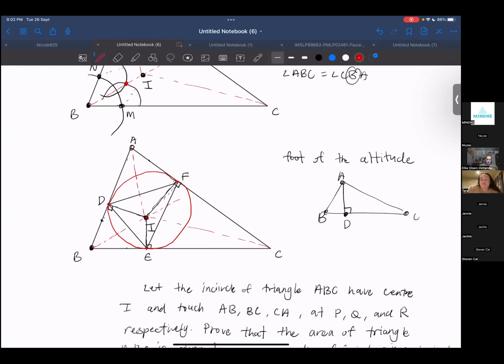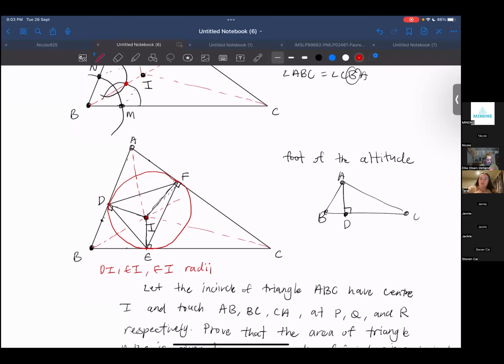If you draw a circle with center I and IE or DI or FI as radii, then it is the incircle, the circle inside the larger triangle.